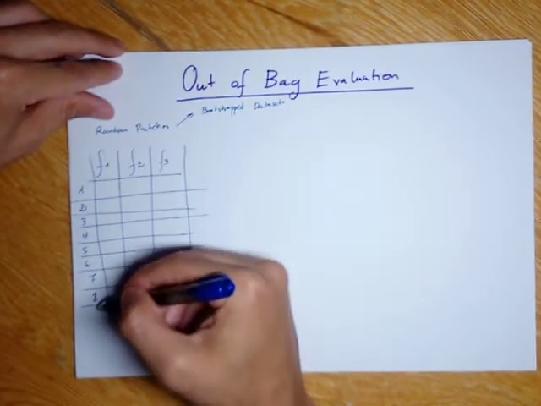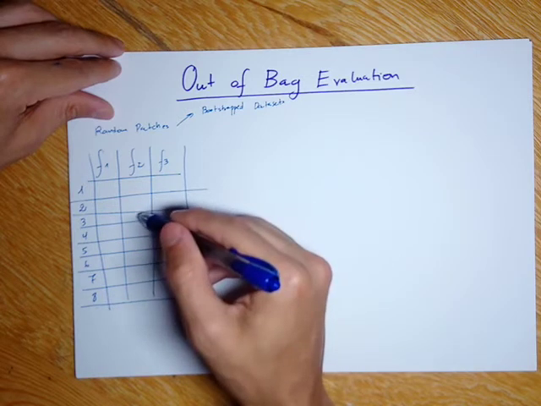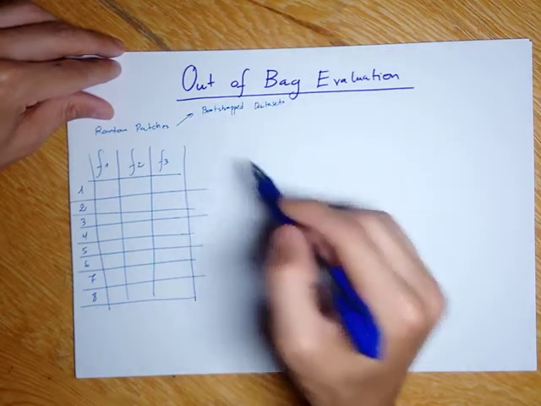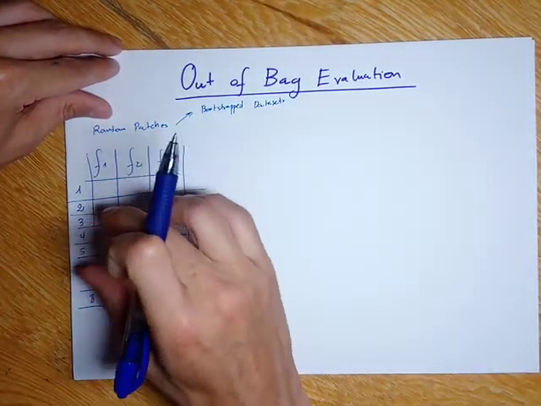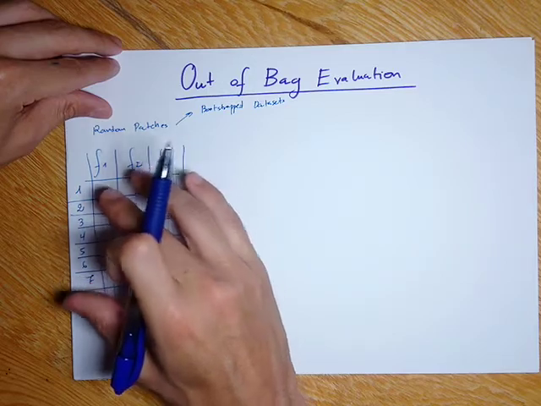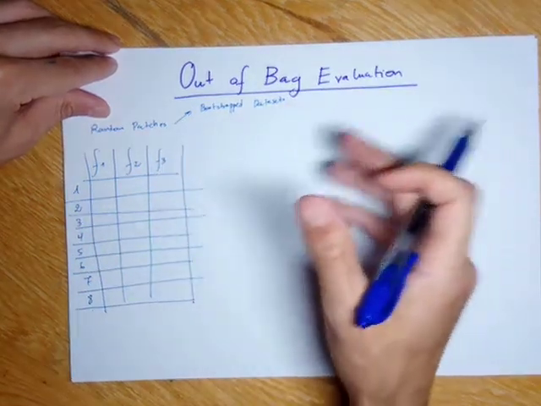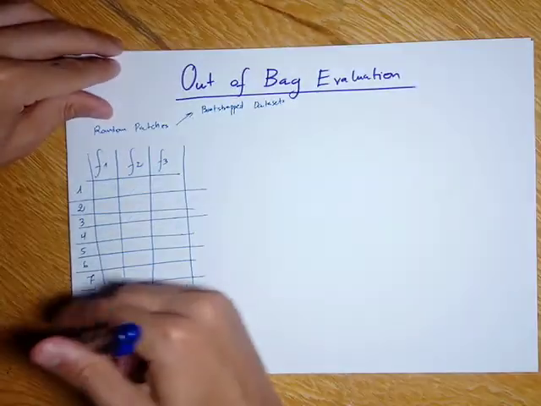So I have 8 samples, and one way to create a new dataset from this original dataset is, as I said, called bootstrapping or bootstrap dataset. And this consists of taking random subsets of samples and using them to create a new dataset, and I'm allowed to replicate some of these samples.